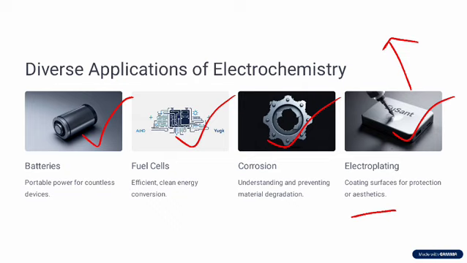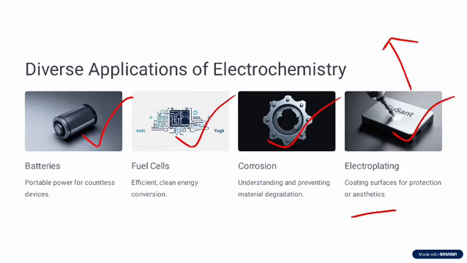In electroplating, the metal on which we are going to plate some other metal acts as the cathode, and the plating metal acts as the anode. For example, the anode is made of gold, and on the other side the cathode is some other kind of metal, on which we are going to attach gold. So gold acts as the anode.